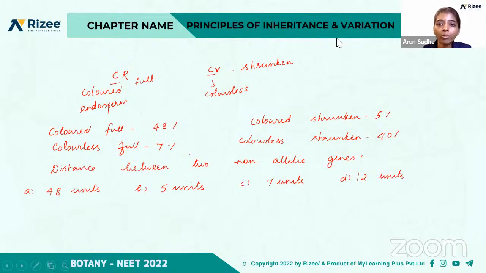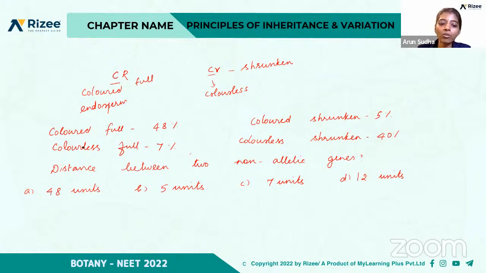So any idea of how you will find out the answer for this? In maize, colored endosperm is dominant over colorless, and full endosperm is dominant over shrunken. The dihybrid F1 generation will be heterozygous.